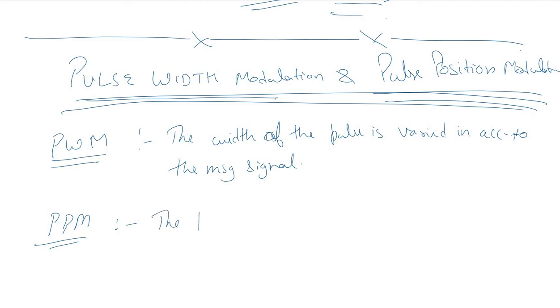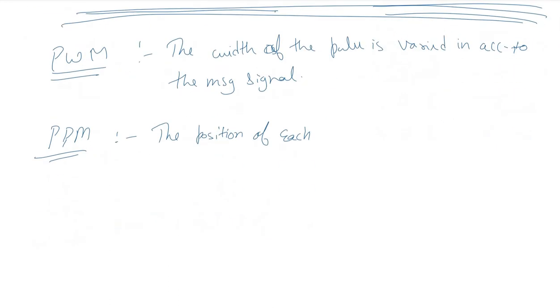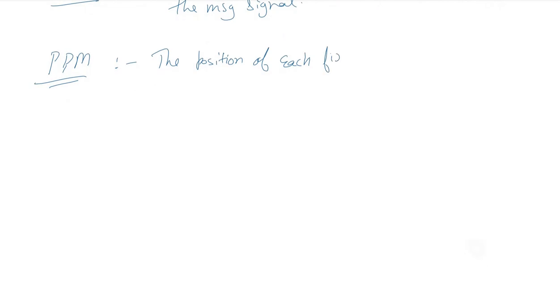So the position of each fixed width pulse is varied in accordance with the message signal. Alright.